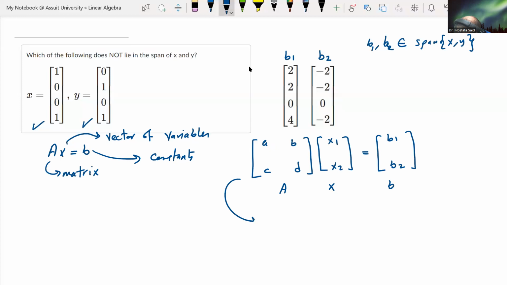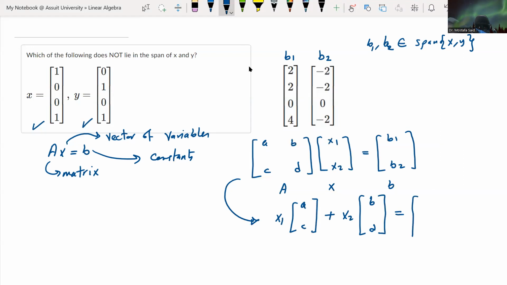We learned that to do this multiplication, we know that X1 times (A, C) plus X2 times (B, D) equal to B1, B2.